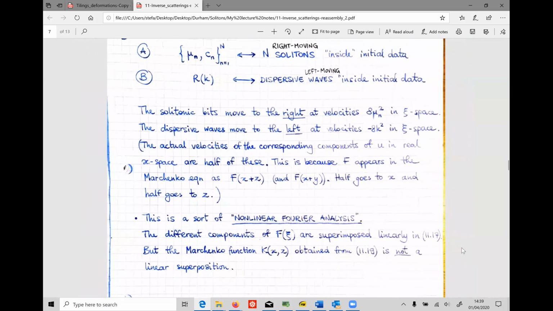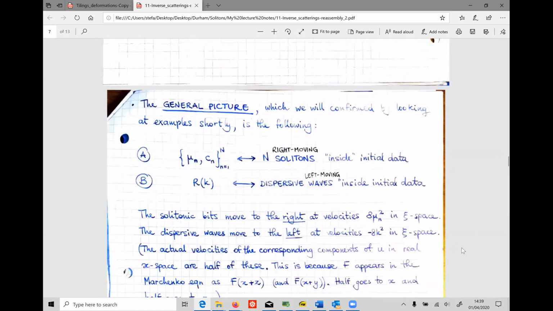Okay, and finally, just to conclude, I would like to say that this method of inverse scattering, which in principle allows us to solve the initial value problem for the KdV equation, should be thought of as a sort of nonlinear Fourier analysis. So why do I say that?